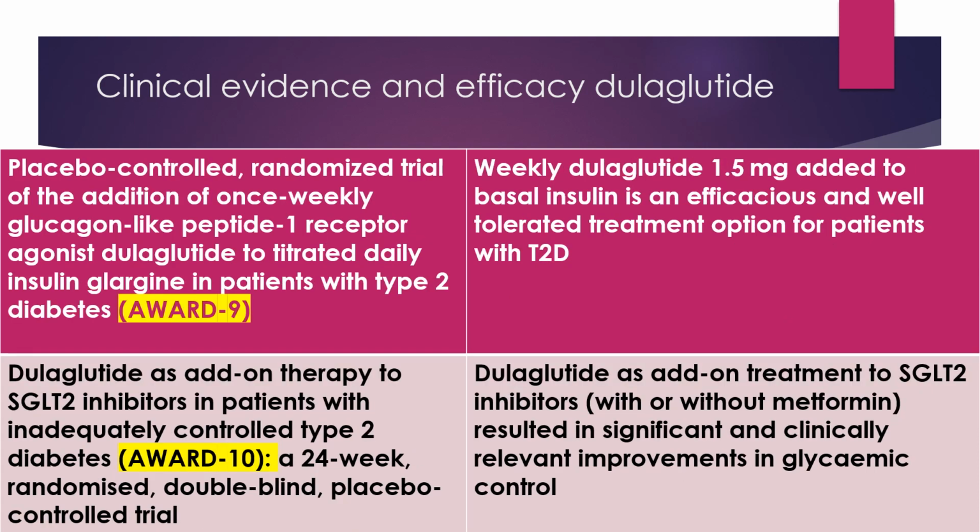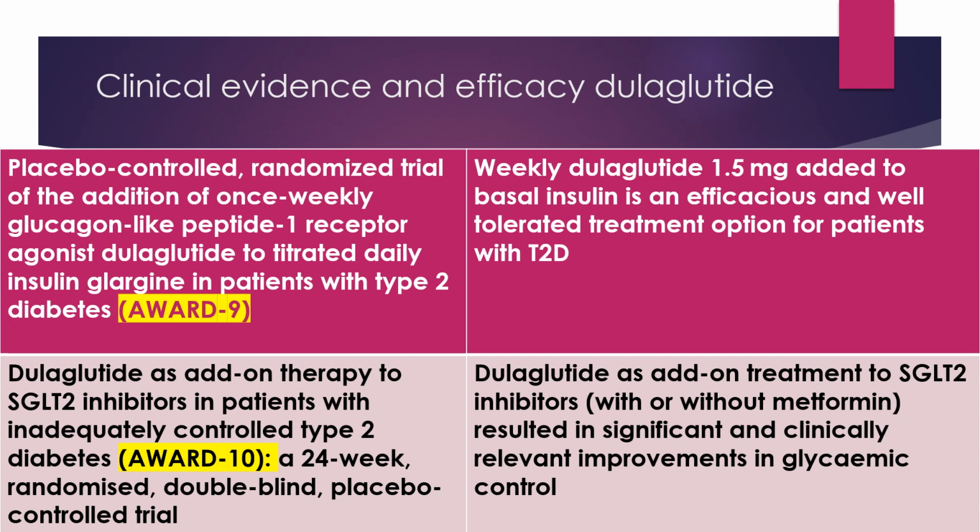In AWARD 9 trial, dulaglutide as add-on to glargine, rather than as replacement for it as in AWARD 4 trial, resulted in significant reduction of hemoglobin A1C and body weight compared to placebo.